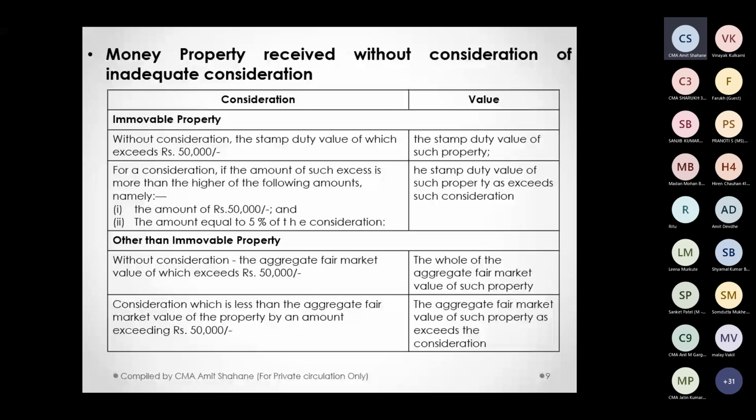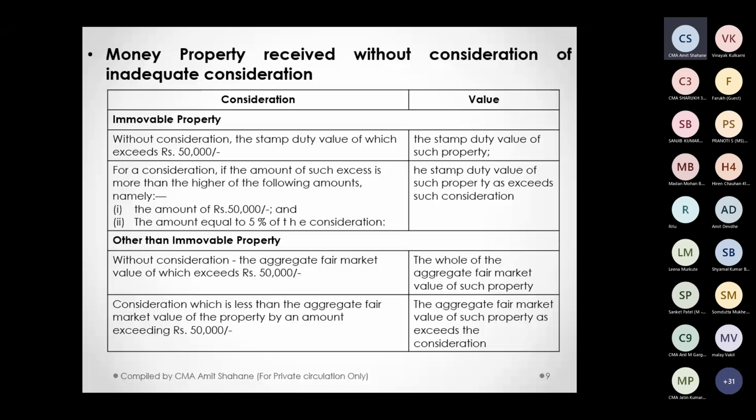So we'll move ahead. The next part is money or property received without consideration or for inadequate consideration. By mistake, I have written 'of inadequate consideration'. It should be 'or inadequate consideration'.